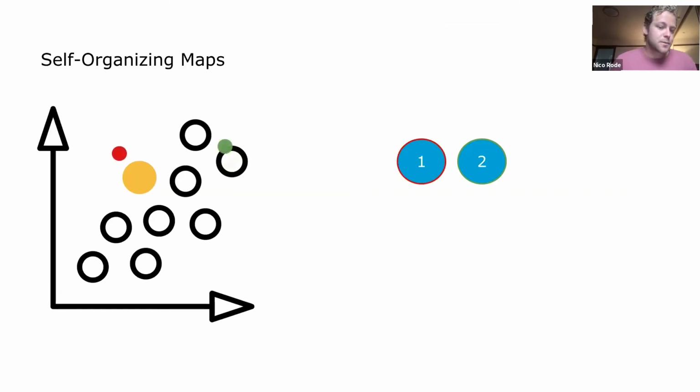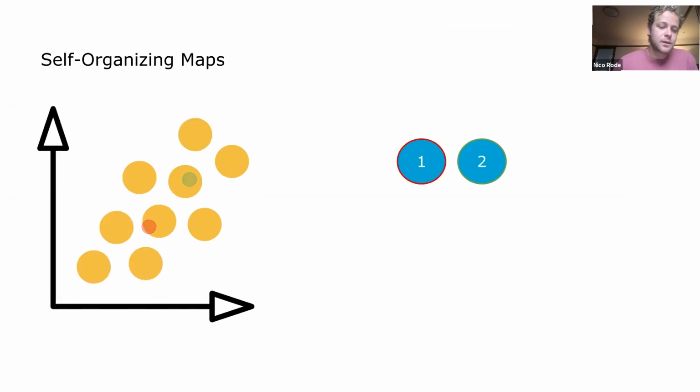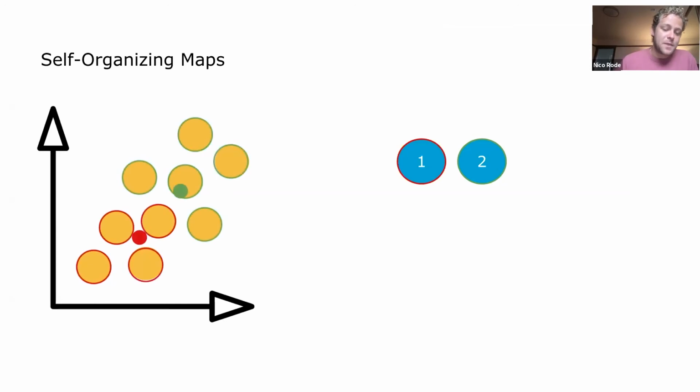So you'll bring them closer, you go to the next data point, you update the weights again, next one, update them again, and so on and so forth. You get through the entire data set, and then you assign the data points to the nearest weight. Okay. And then all of a sudden that's its cluster. So those top 5 would be in the top cluster, the bottom 4 in the red cluster.